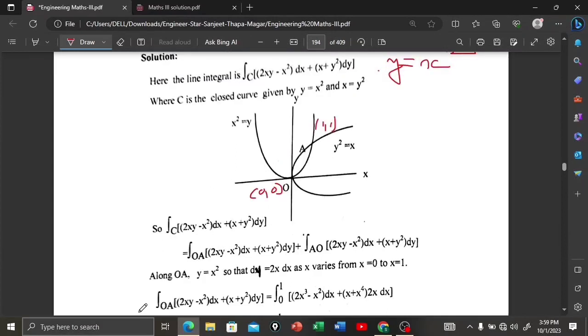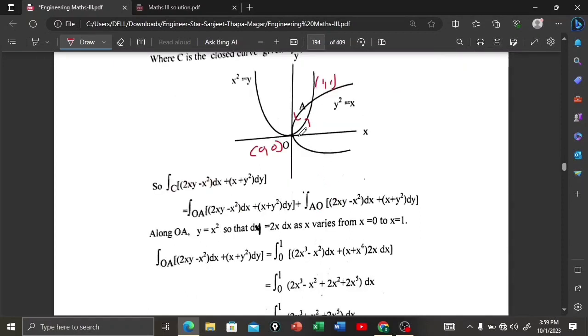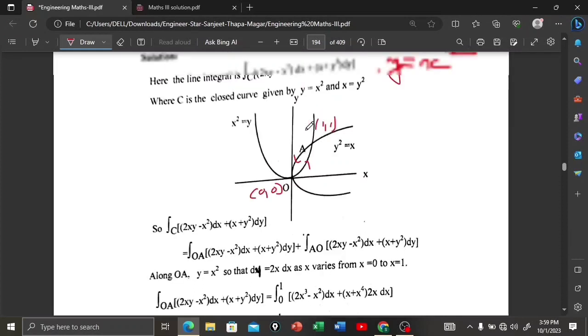So this line integral will be from O to A and from A to O. It should always be in the anti-clockwise direction. Along this OA, y equals x square.